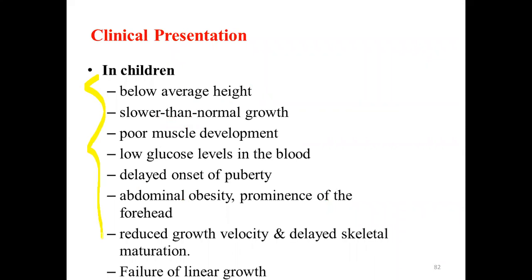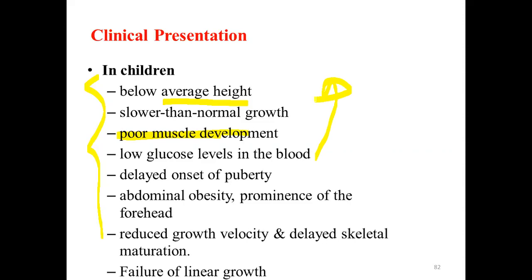When you look at the clinical presentation in children, they are below the average height and grow slower than normal. Remember, growth hormone is very important for muscle mass, so poor muscle development is very common. We have mentioned the physiological role of growth hormone.